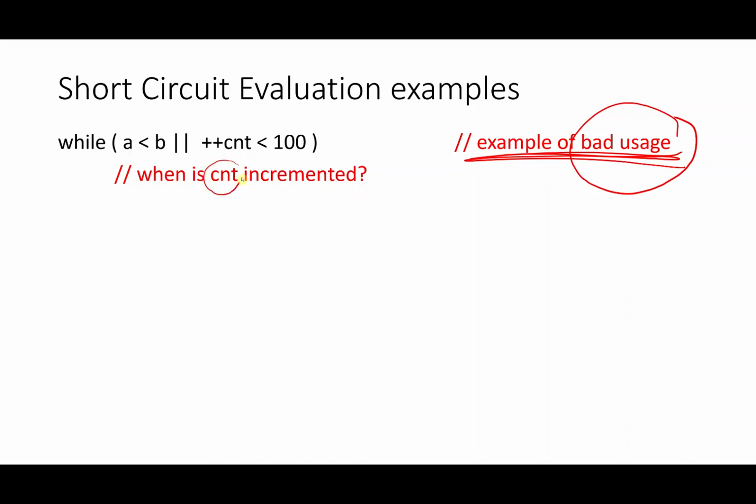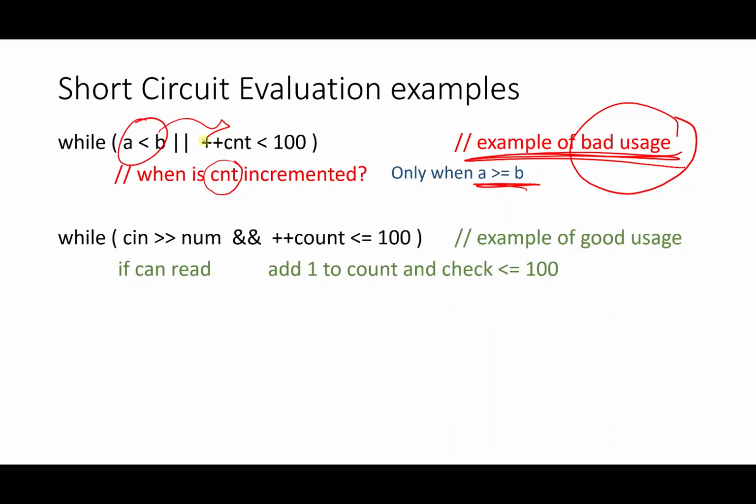So in your mind, this count, the CNT, is going to be incremented only if a is greater than or equal to b. Remember that if this evaluates true, then this is not needed to be counted, right? This is a bad usage of it.